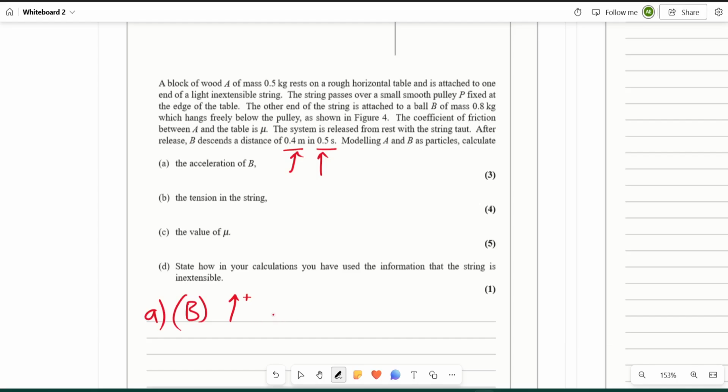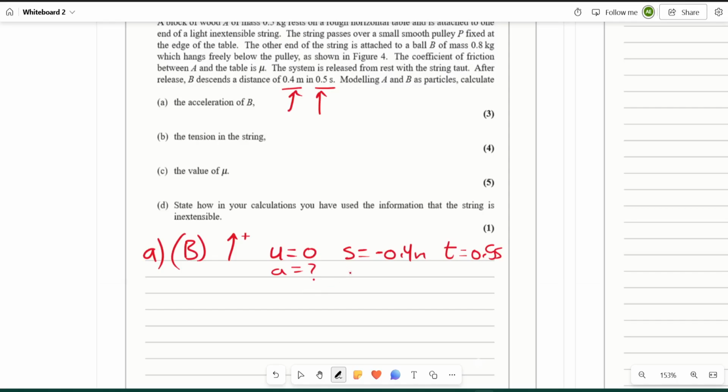I always write the givens, so U, or the initial velocity of B, is 0. My distance, or S, is going to be 0.4 meters below my starting point, and I said up is positive, so if it's below, it's going to become negative 0.4 meters, and I have my time equals 0.5 seconds, and I need my acceleration.